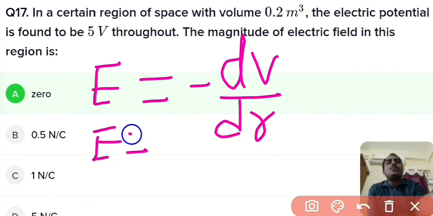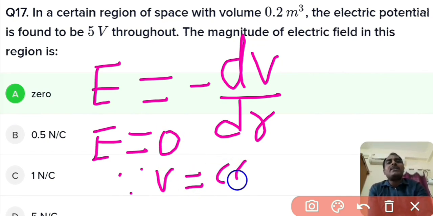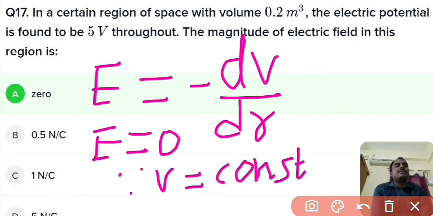So E equal to 0. Potential is given as 5, which is constant, and the differentiation of a constant is 0. So electric field is 0. First option is the correct one.